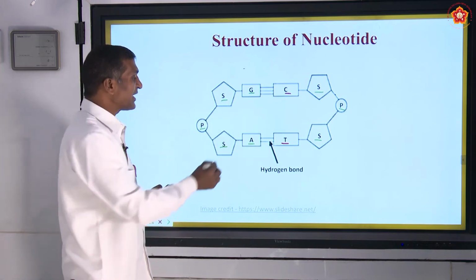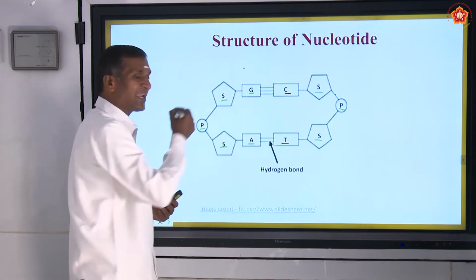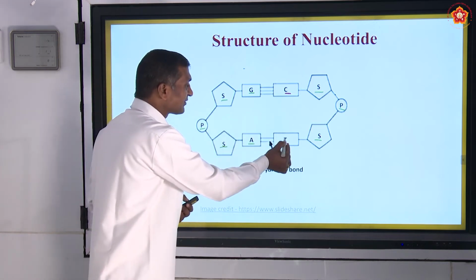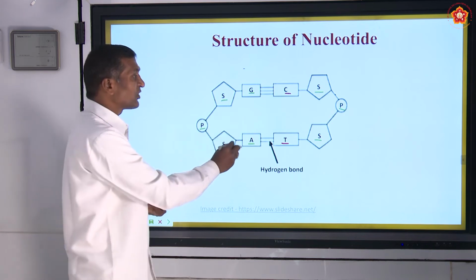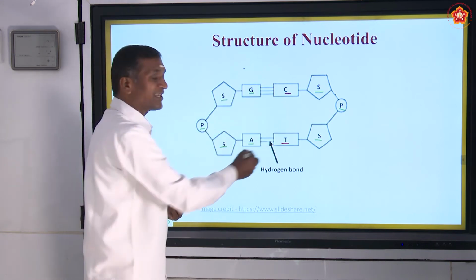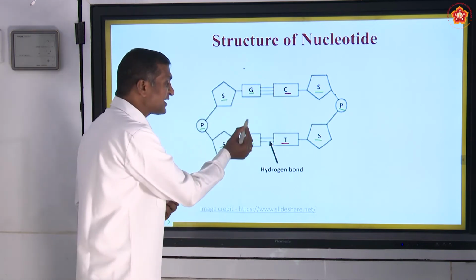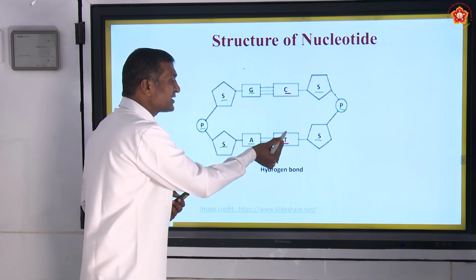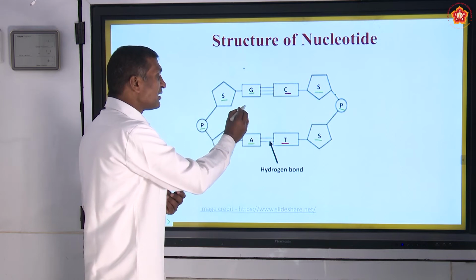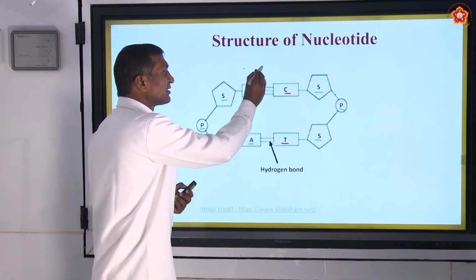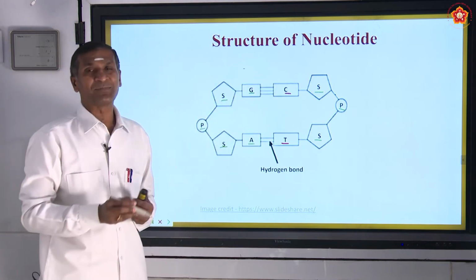The purine bases are adenine and guanine. The pyrimidine bases are thymine and cytosine. The structure of the nucleotide shows us that always a purine combines with a pyrimidine.